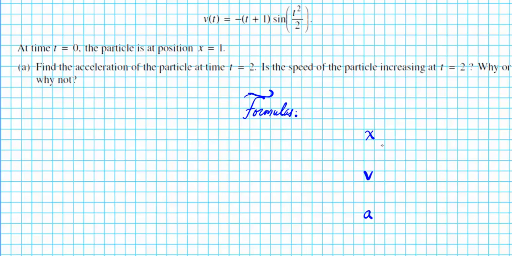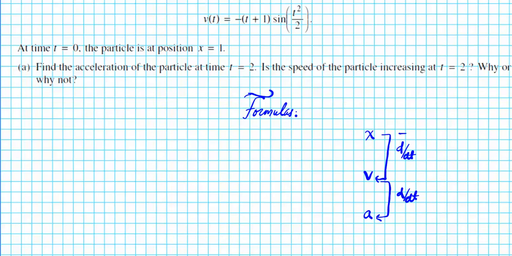If you're going from position, which is x, to velocity, you differentiate once with respect to time. If you're going from velocity down to acceleration, you differentiate once with respect to time.